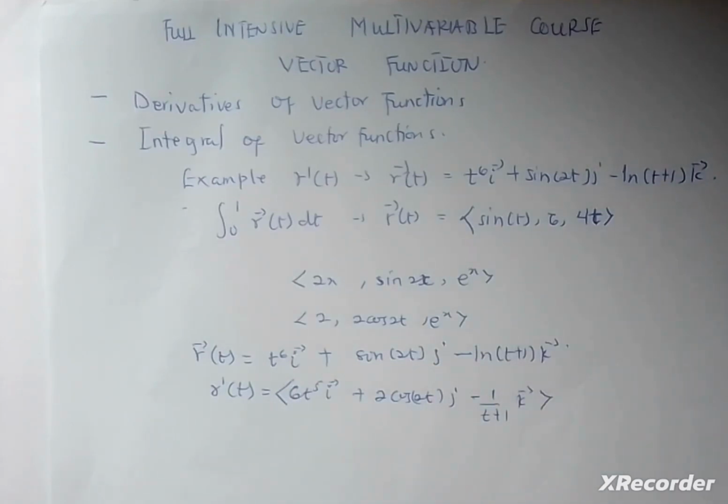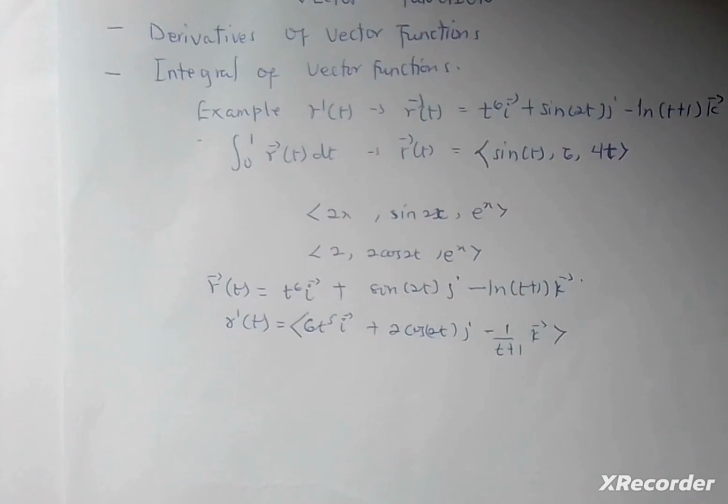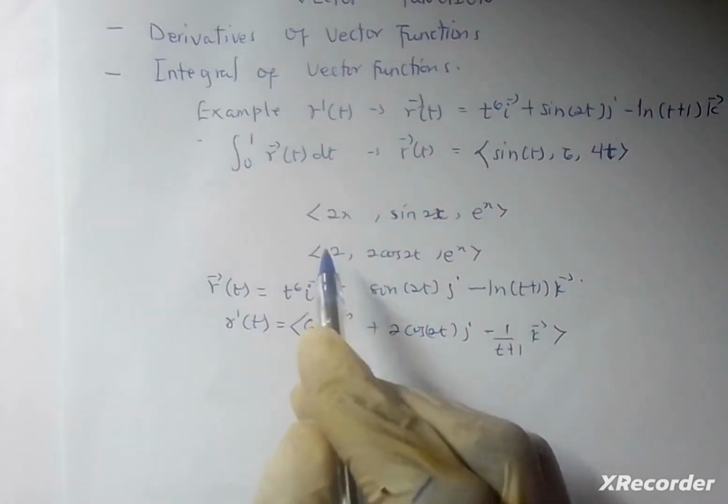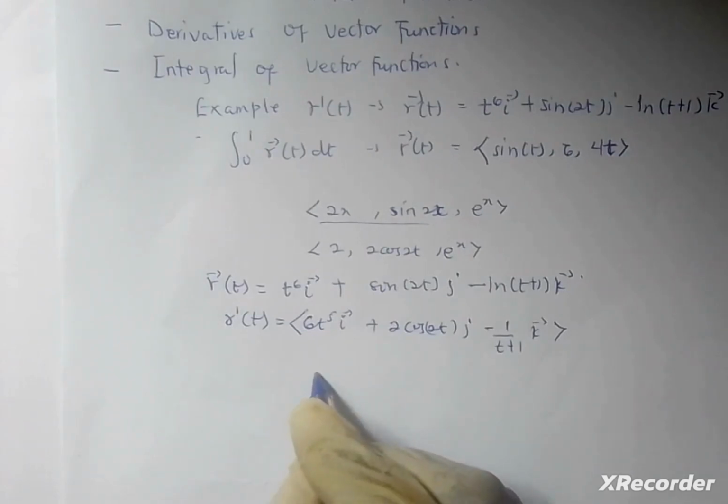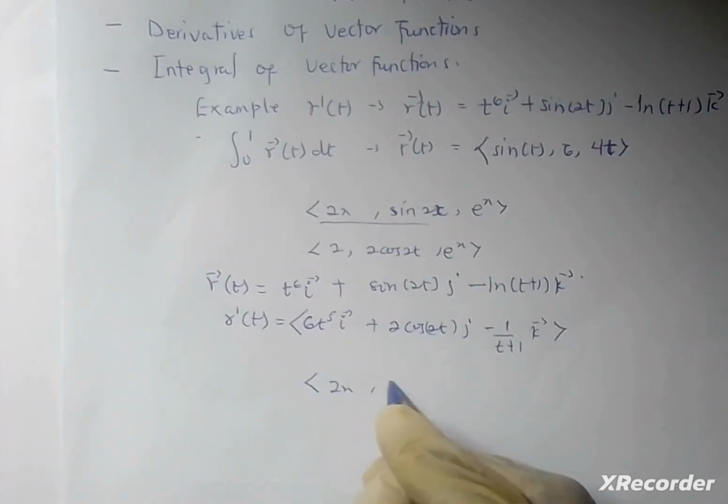Let's go to the integral of vector functions, and this also holds. If I consider my test function here, 2x, sine 2x, e to the power x, and I want to integrate, I will integrate each component.